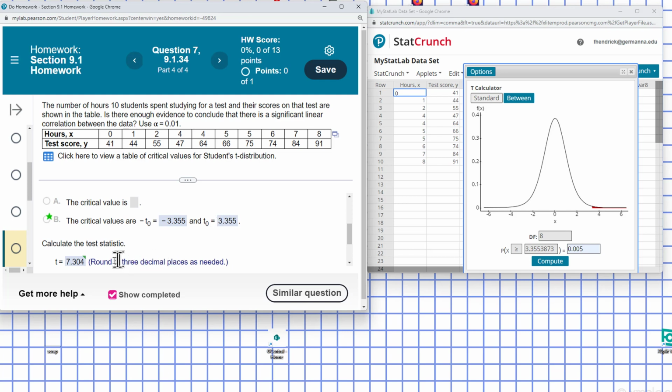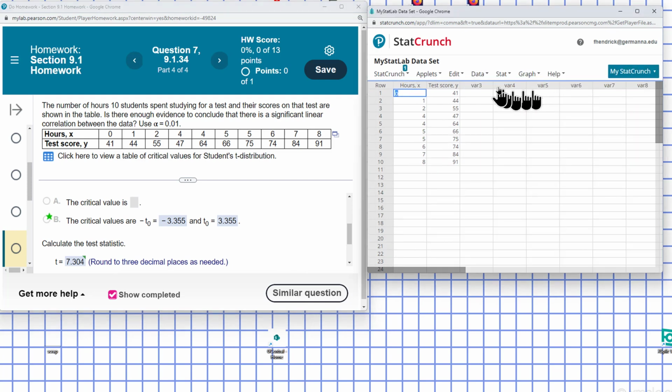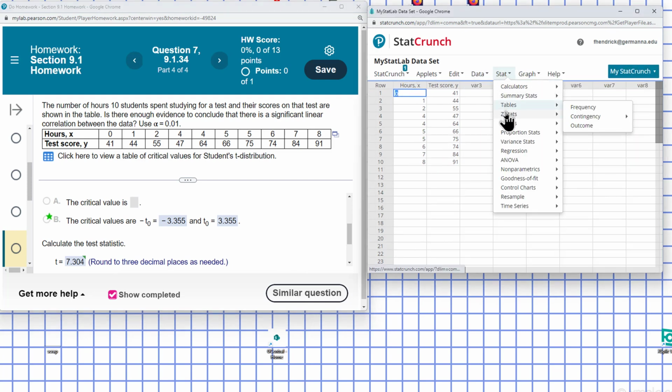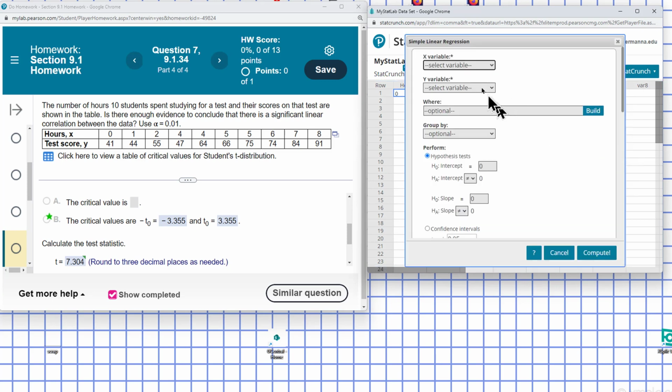Now we have to find our test statistic. We can go to regression for the data. So we go to Stat, Regression, Simple Linear, and select the variable for x and the variable for y.